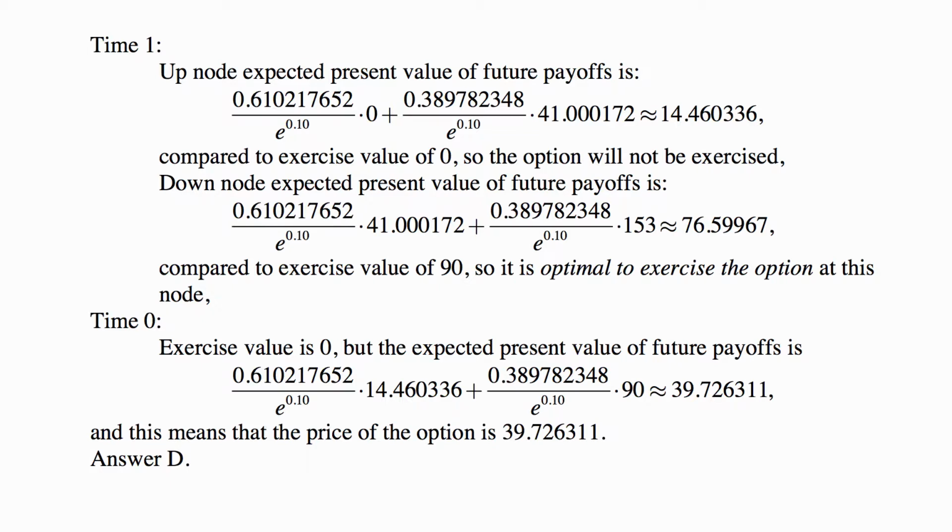And then at time 0, the exercise value is 0, but the expected present value of future payoffs is the probability of 0.610217652 of the up move divided by e to the 0.10 to get the present value times the value of the option in the up node, which was 14.460336, plus the probability of going down divided by e to the 0.10 times 90, which was the value of the option in the down node.